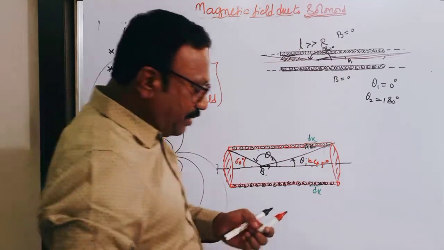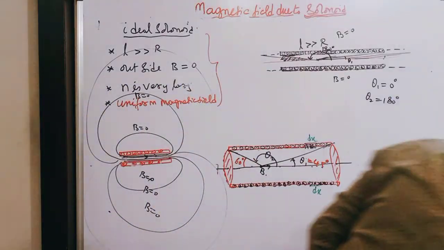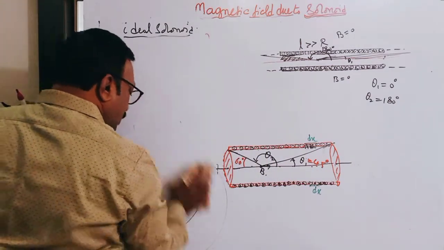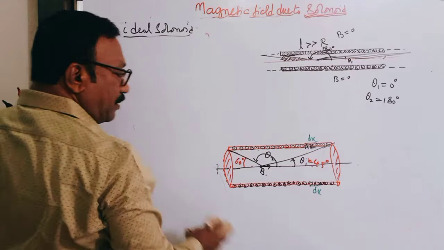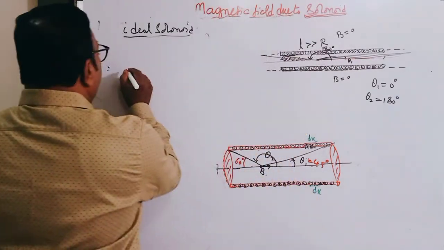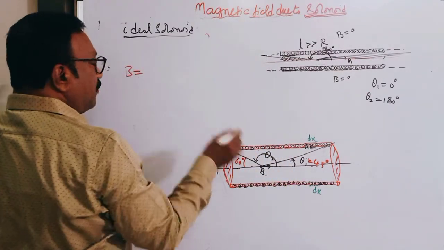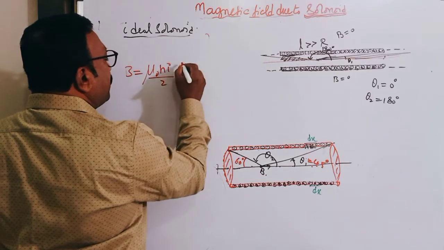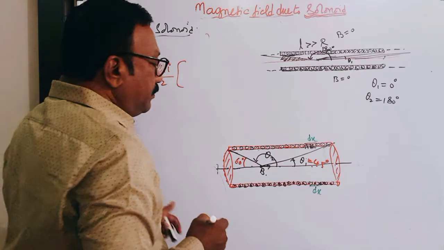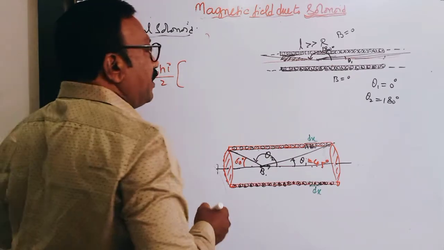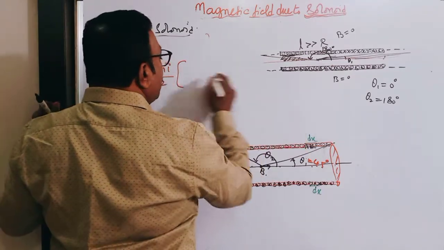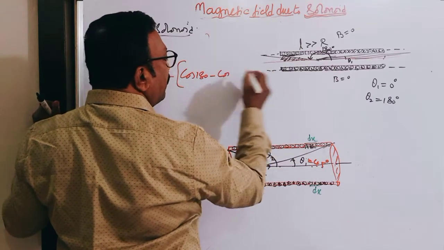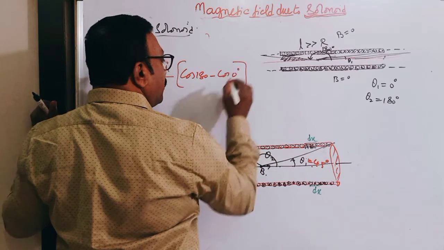Then what happens to the magnetic field on the axis of a solenoid? The formula which we derived is mu naught nI by 2 times (cos theta 2 minus cos theta 1). Theta 2 is 180 degrees, theta 1 is taken as nearly 0.